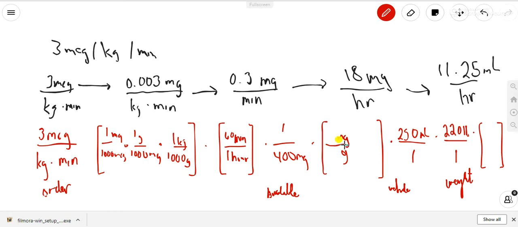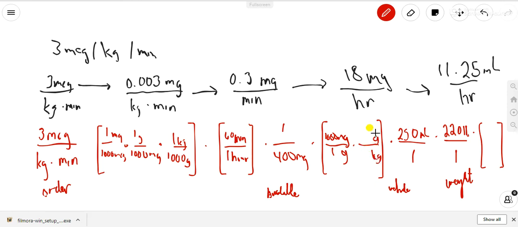I should have written milligrams first. And then I'm going to write grams on the bottom. And I realize that there are 1,000 milligrams in 1 gram. And I'm multiplying that by this because I need to convert the grams to kilograms.